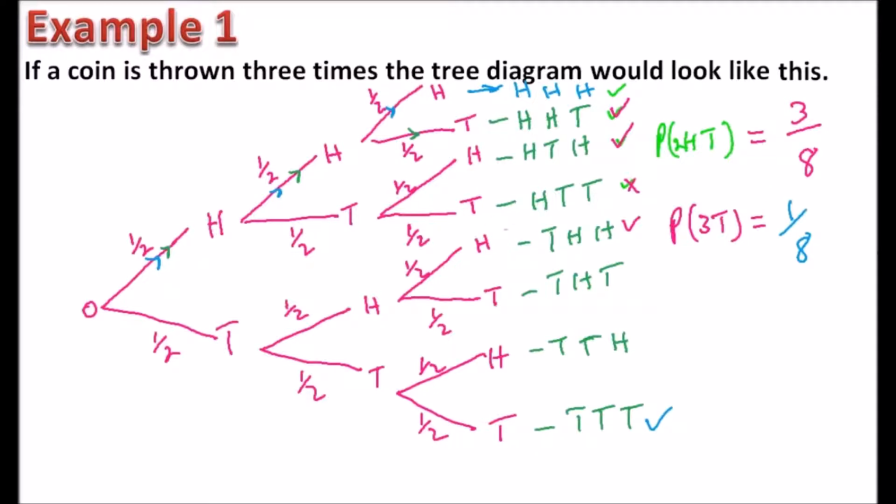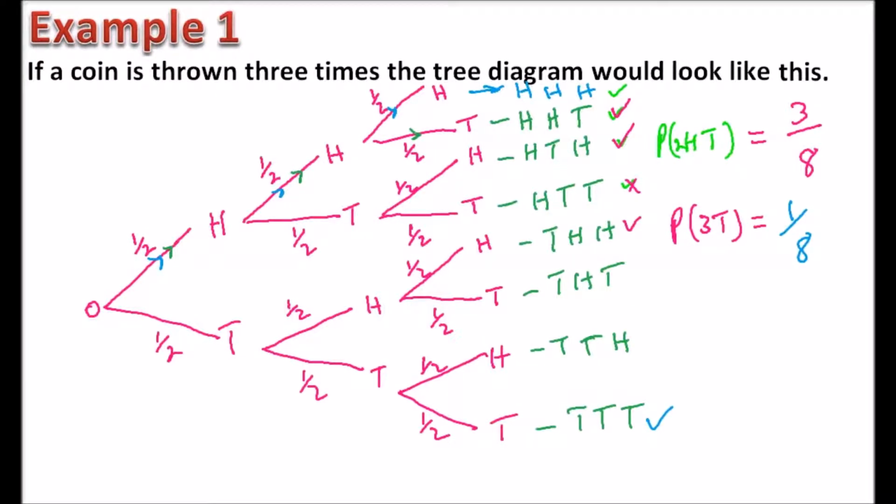Then here you can also use the probabilities that we have indicated. For example, just to show you that the tree diagram is a mix of mutually exclusive and independent events, let's take the first point.